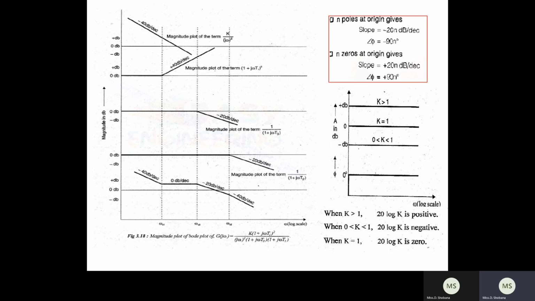These are simple things we should remember, so that it is easy to solve any kind of problem. For example, K divided by (j omega) squared. Since (j omega) squared is in the denominator, the slope is minus 40. It is a double pole located at the origin, therefore the slope is minus 40, and it is drawn in the decreasing order.